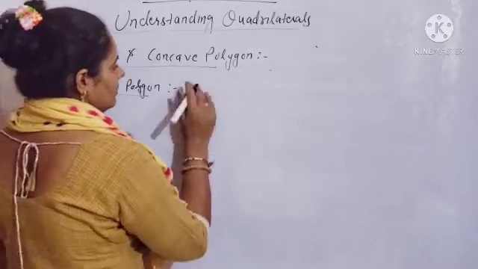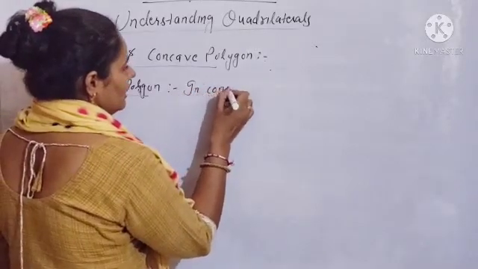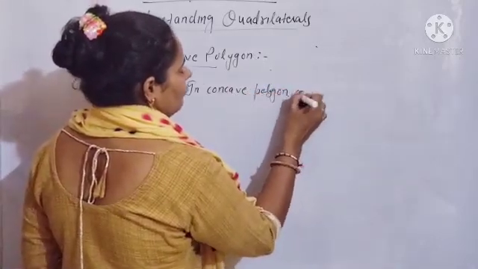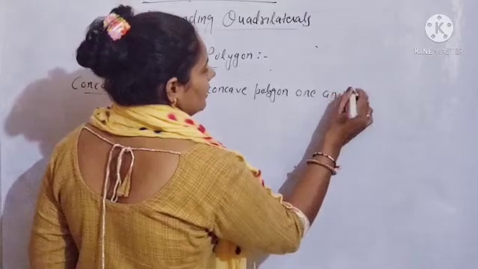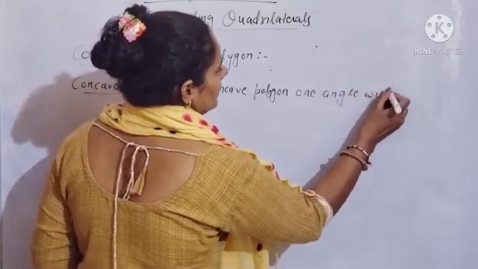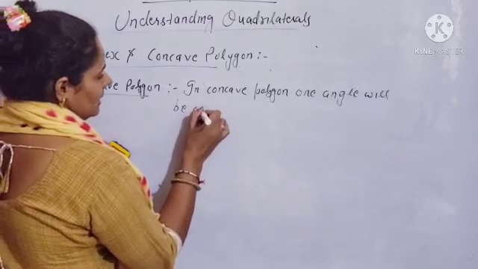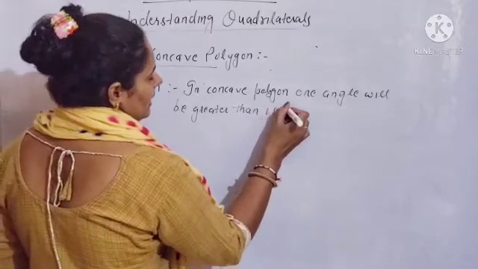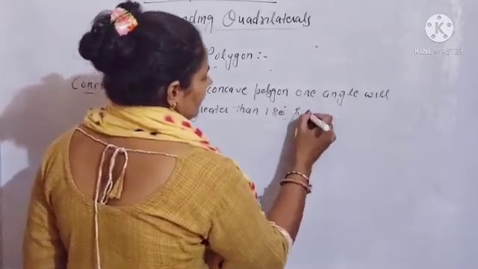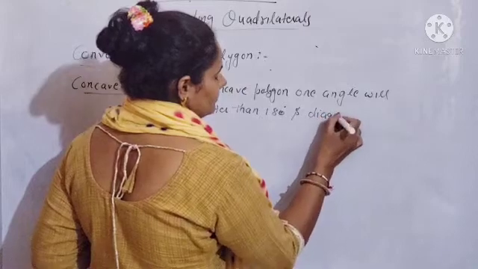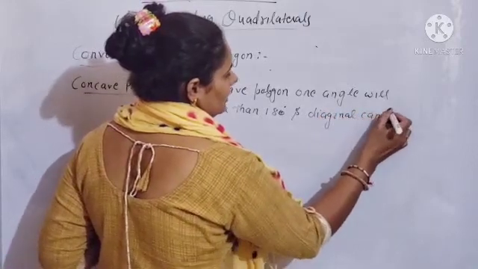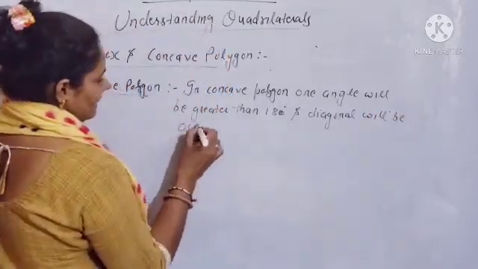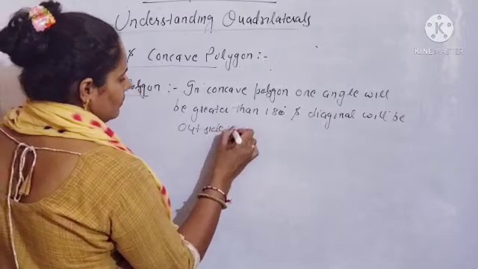In a concave polygon, one angle will be greater than 180 and a diagonal will be outside of the polygon.